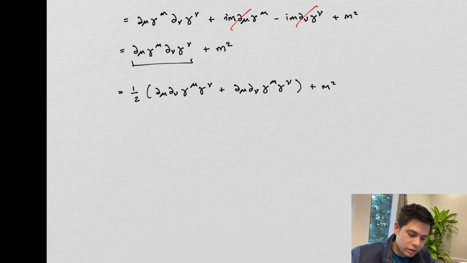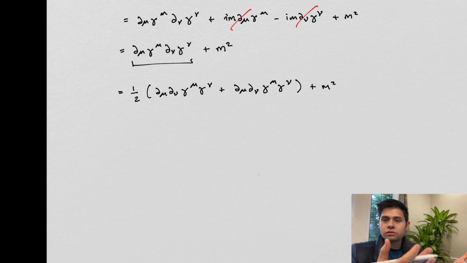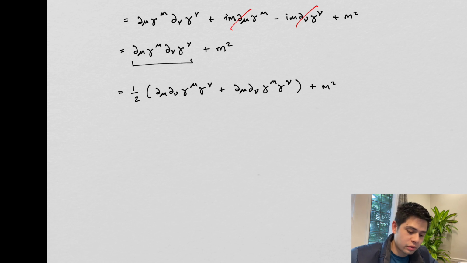The reason we can do that is because the derivative operator is only going to act on one of these matrices, whereas in the other case it's going to act on the other. So this is 1/2 of this, and this is 1/2 of this also. When we bring them together, it's like saying 1/2 plus 1/2 equals 1.